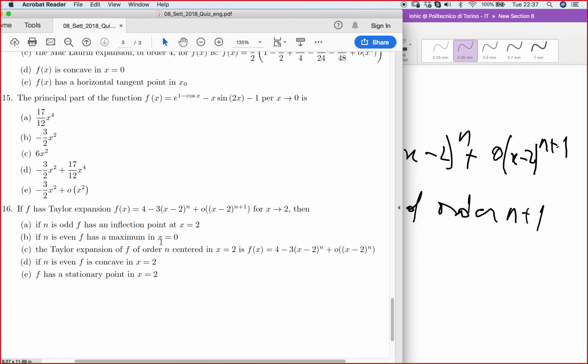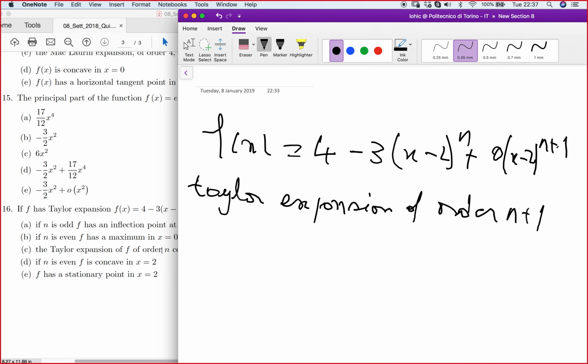The first statement is that if n is odd, then f has an inflection point at x equal to 2. But I will say this is false, because suppose, for example, that n is 1.